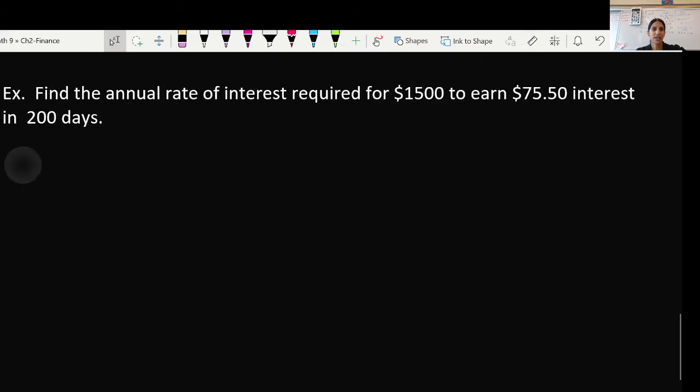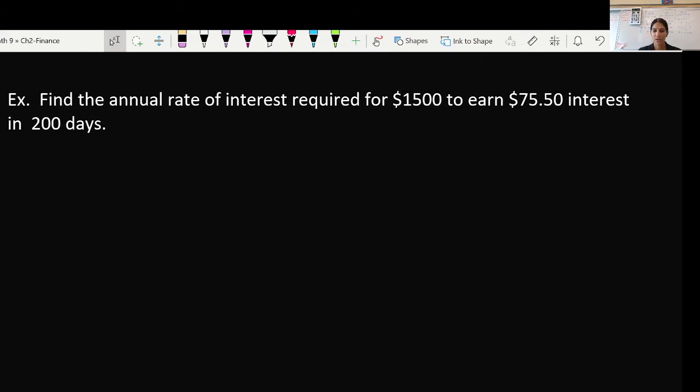Find the annual rate of interest required for $1,500 to earn $75.50 interest in 200 days. Okay, so I equals PRT.